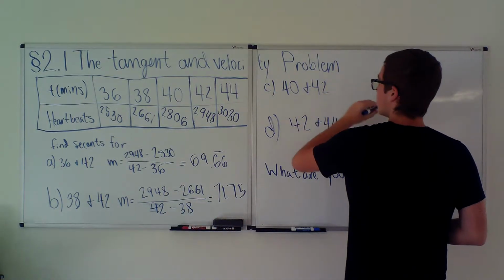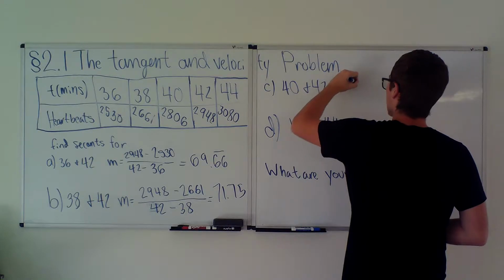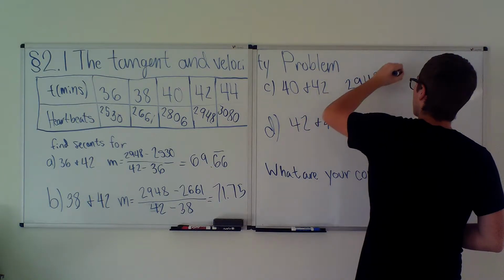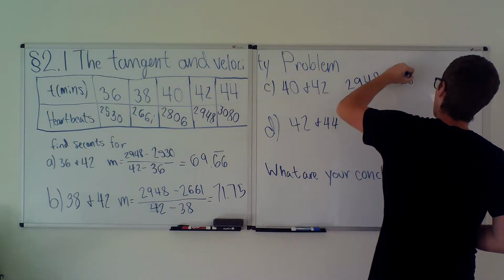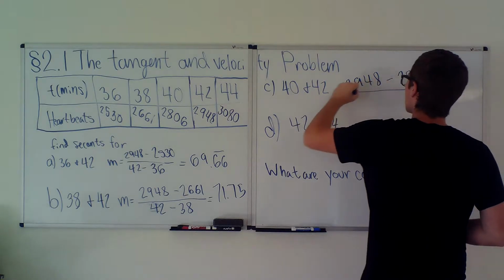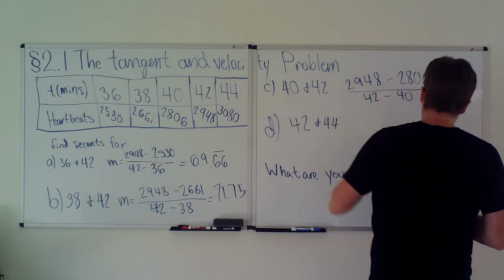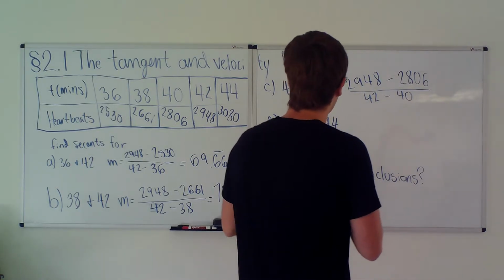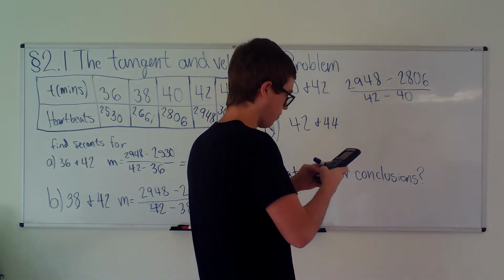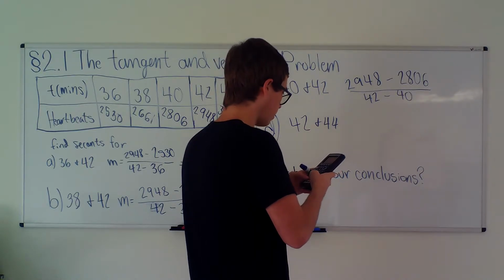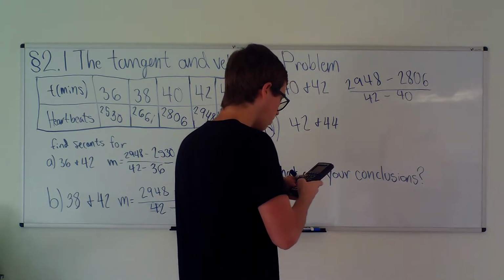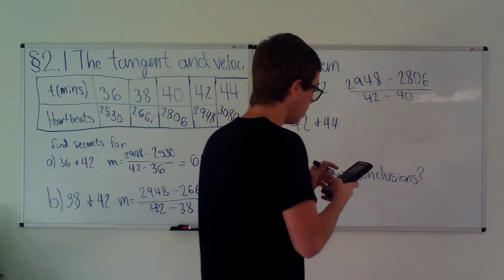Now on to 40 and 42. That's 2948 again minus 2806 over 42 minus 40, which is 2. 2948 minus 2806 divided by 2 is equal to 71.